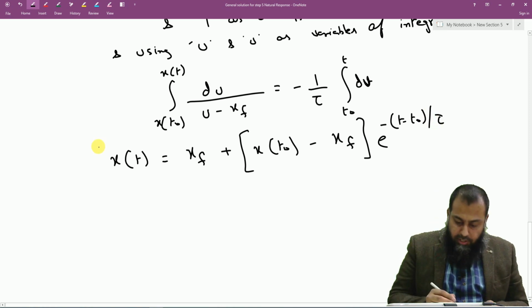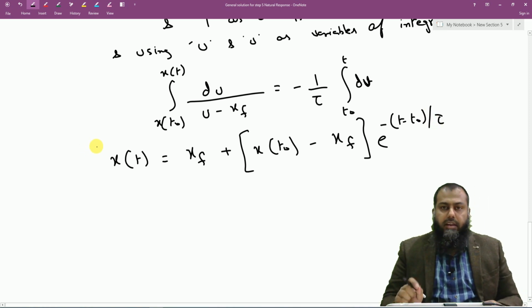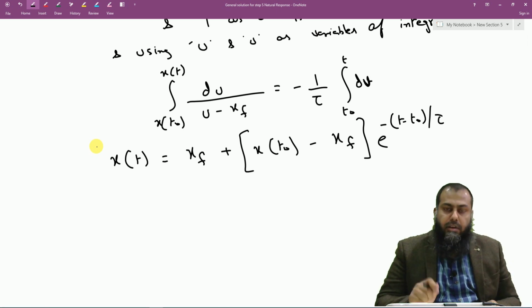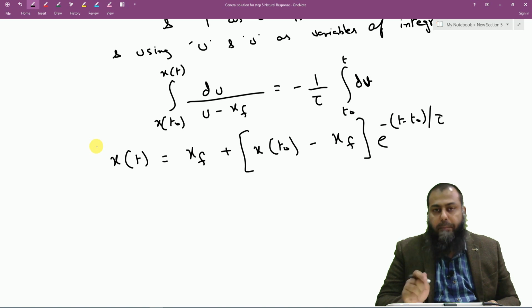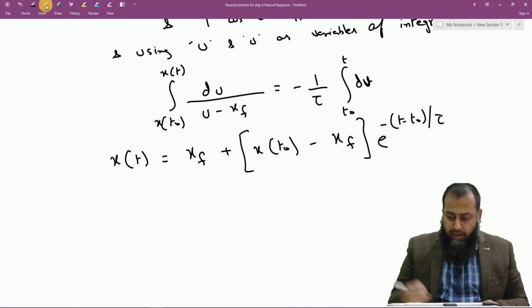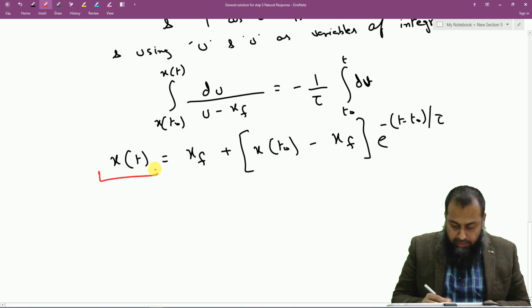And this equation is the final equation that gives us a general mechanism to find out the natural or step response of any first order circuit. Here x(t) is an unknown variable. It could be i(t) or v(t).